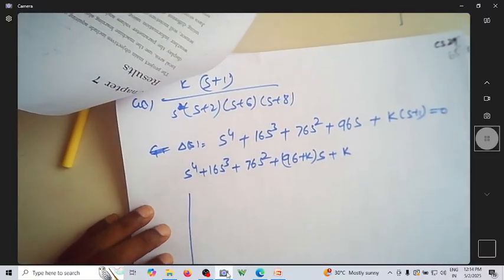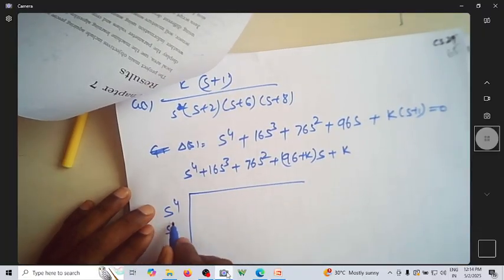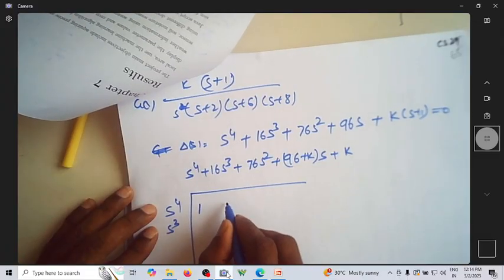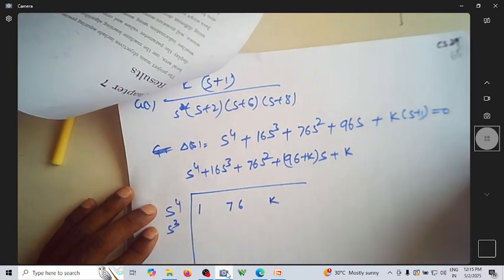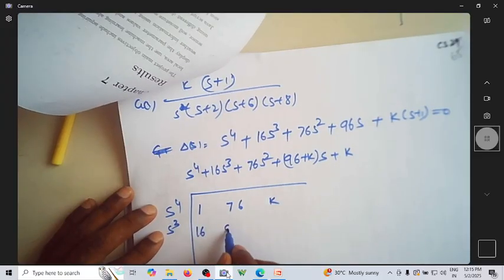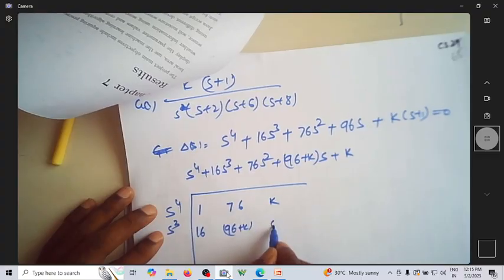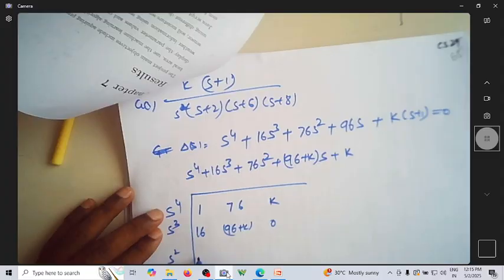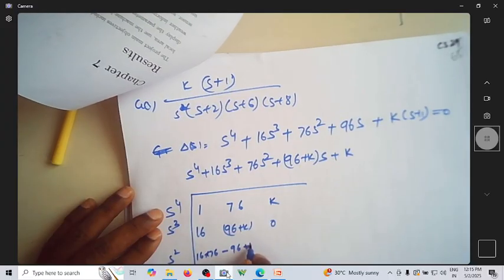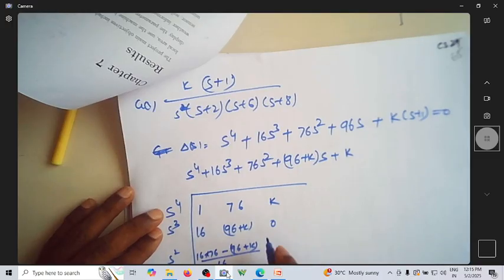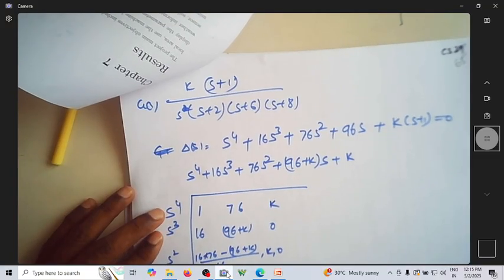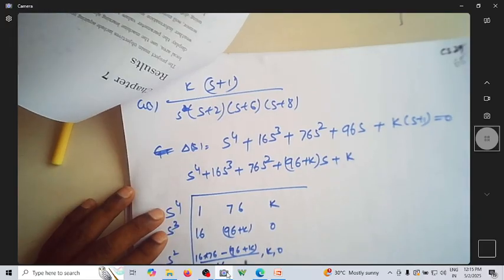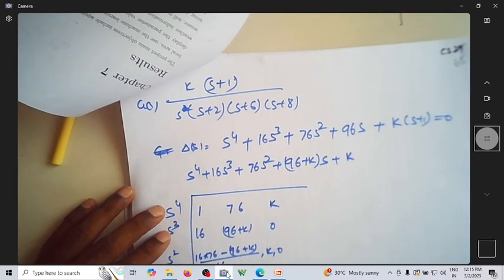So now the Routh array is S power 4, S cube, with 1, 76, K. Next it is 16, 96 plus K, 0. This S square is 16 into 76 minus 96 plus K by 16, and then K, 0. This is now S power 1. It is this into this, minus this into this.